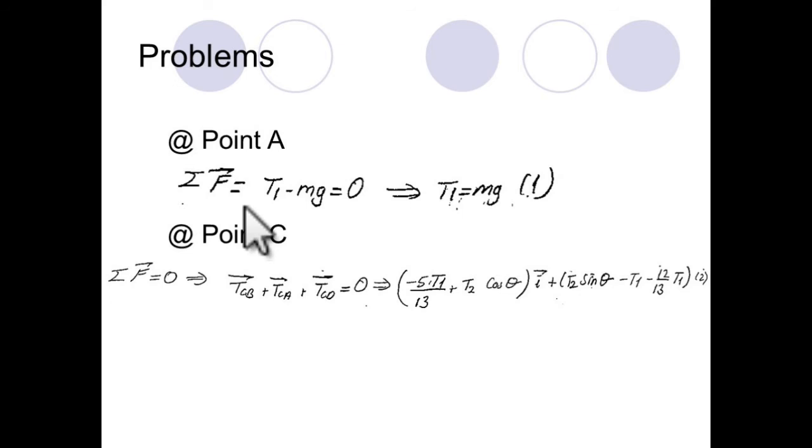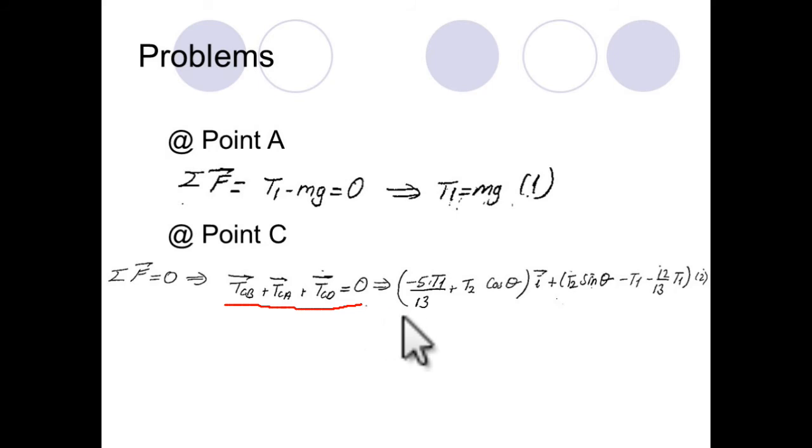Now at point A, the sum of the forces has to be equal to 0. This gives us this expression: T1 has to be equal to mg. Remember that we don't know the mass yet, because this is what is asked of us. And in fact, we don't know the tension in the cord. They are related. Now at point C, the sum of the forces has to be equal to 0. Therefore TCB plus TCA plus TCD has to be equal to 0.